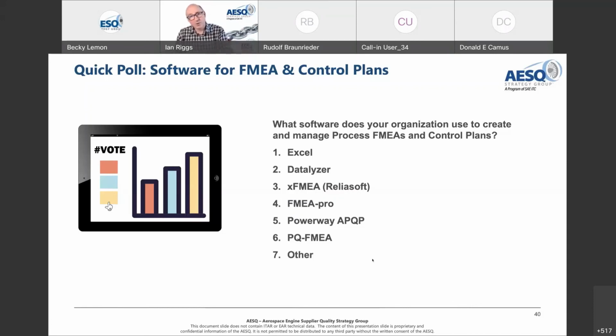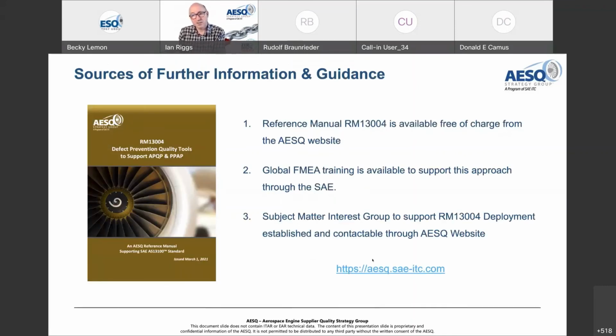The whole of aerospace, whether you're making landing gear, wings, cockpit equipment, etc., are going to have to adopt this way of working. The AESQ is there to help promote and accelerate how we take our supply chain on this journey. So, the fact that we've made the reference manuals all free issue is to promote the adoption of this toolkit.